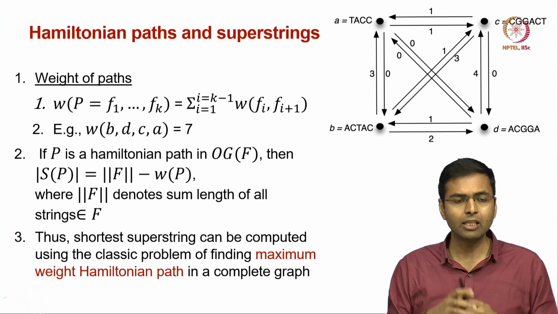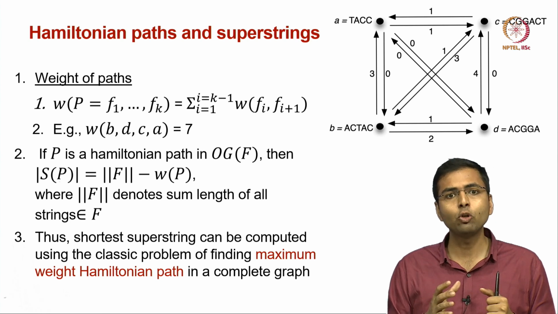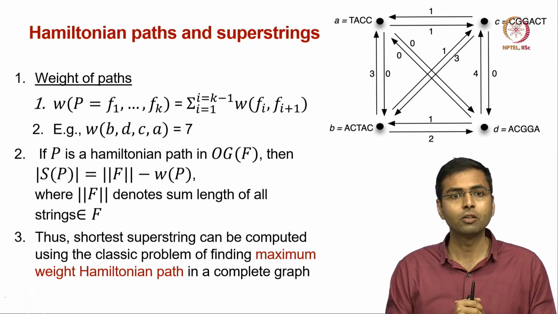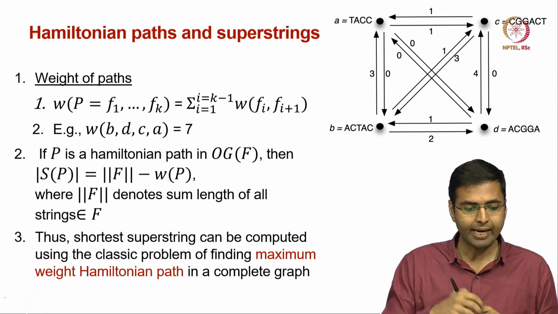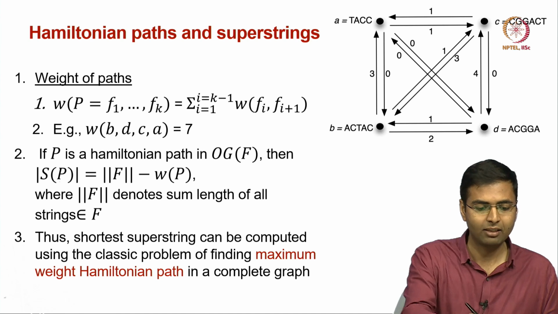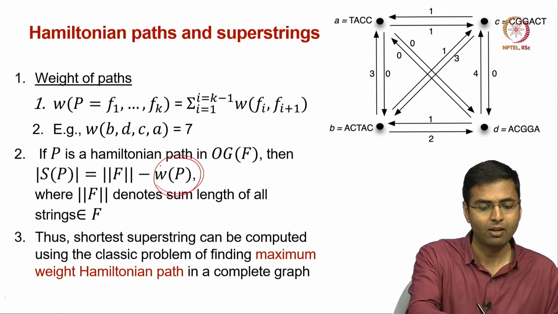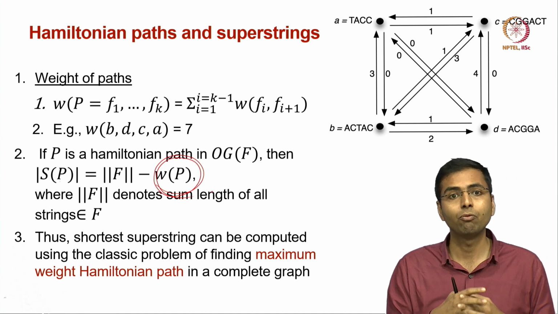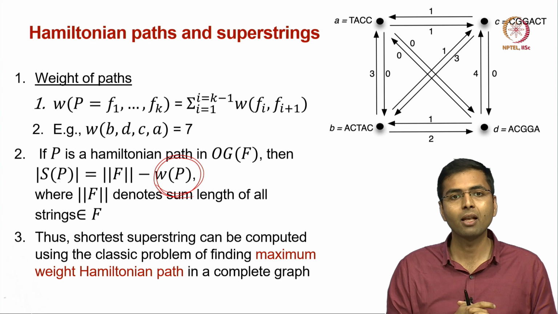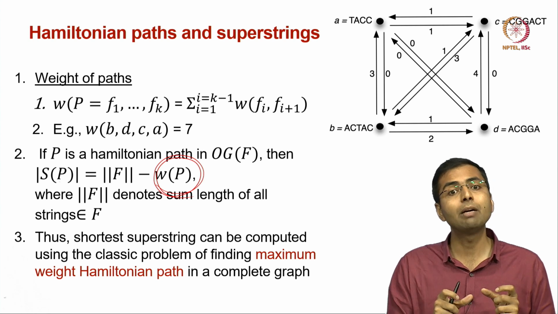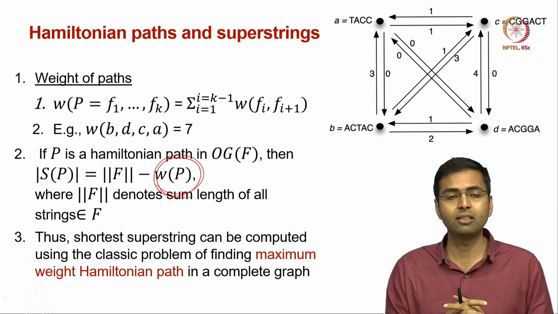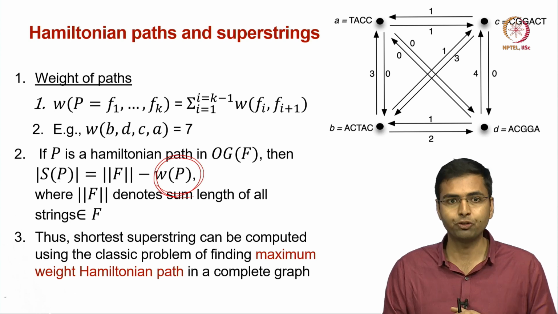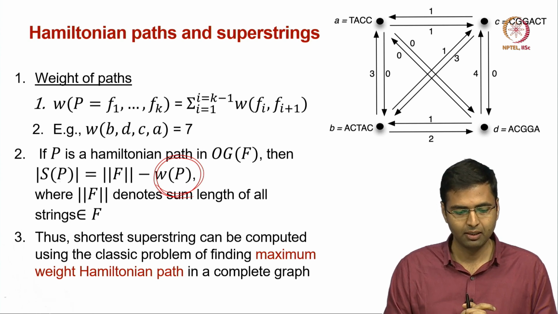So, in other words, the shortest superstring can be computed using the classic problem of finding maximum weight Hamiltonian path. That is, we have to look for a Hamiltonian path which has maximum weight, and the string spelled by that particular Hamiltonian path will give us the shortest common superstring, right.